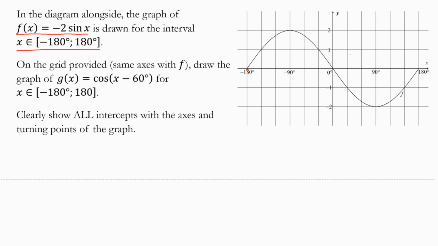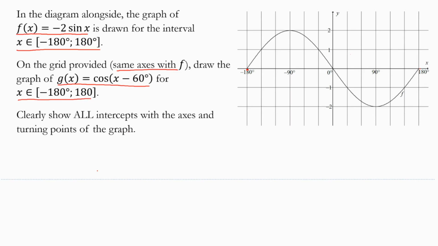On the grid provided, meaning the same axis with f(x), draw the graph of g(x) = cos(x - 60°) for the same domain. Clearly show all intercepts with the axis and the turning points of the graph.